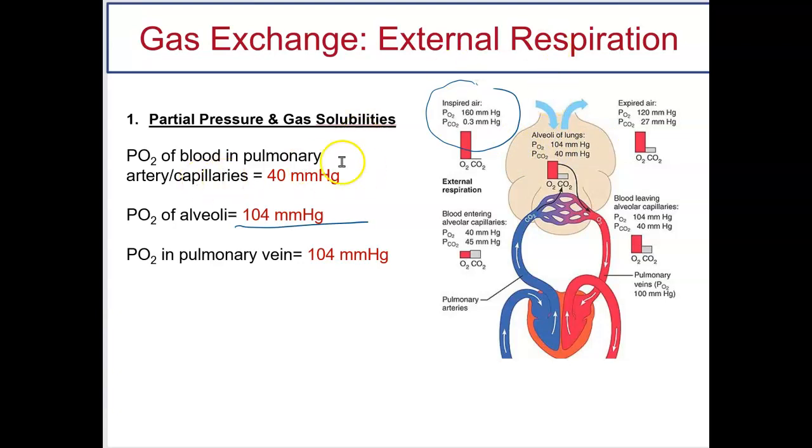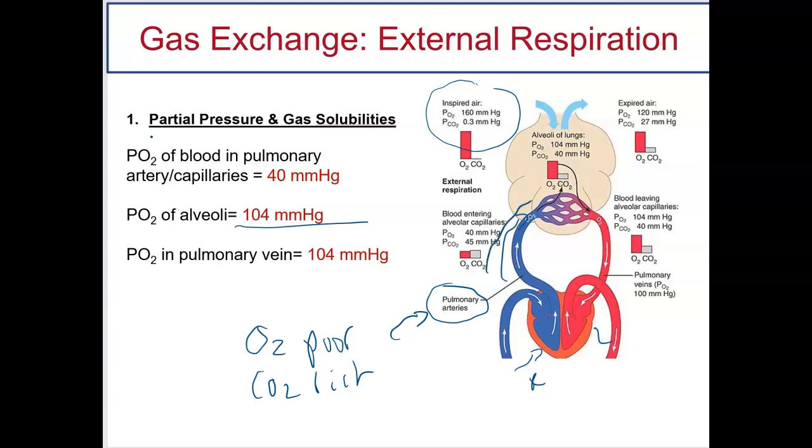Now, when the blood is coming into the lung from the pulmonary capillaries, remember the pulmonary arteries are going to bring blood up to the lung, and they're bringing O2 poor blood in. So this is just showing you the right side of the heart and the left side of the heart. We know that when we look at blood in the pulmonary arteries, it is O2 poor and CO2 rich.